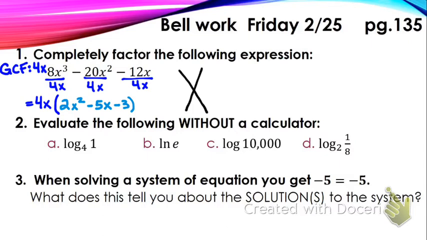At the top I put a times c, which is negative 6. Good catch. Thank you, Soraya. Negative 5 on the bottom. So I'm looking for two numbers that when they're multiplied together are negative 6, and when added together are negative 5.